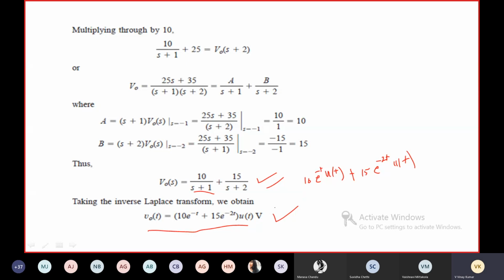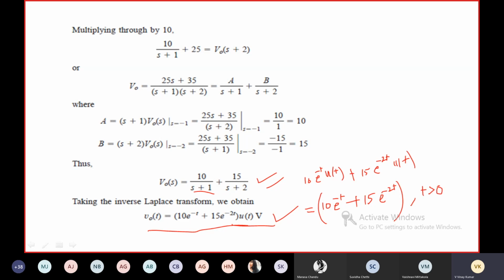Either you write the final equation like this, or you can also write V naught of t equal to 10 e power minus t plus 15 e power minus 2t, comma t greater than 0.